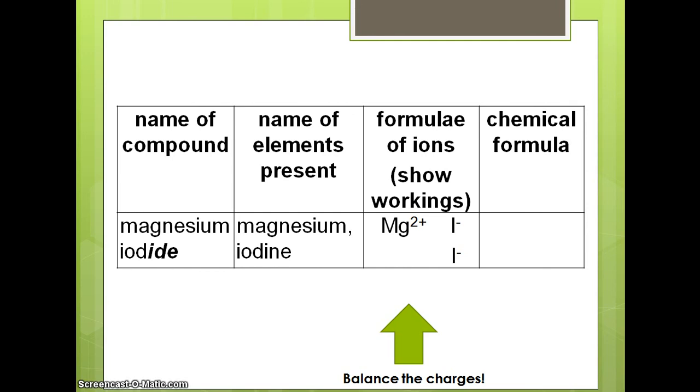In order to balance the charge on the magnesium ion with a charge of 2+, we will require 2 iodide ion with a charge of 1- to balance the charges. Hence, the compound magnesium iodide will have 1 magnesium ion and 2 iodide ions. The chemical formula for the compound is hence MgI2.